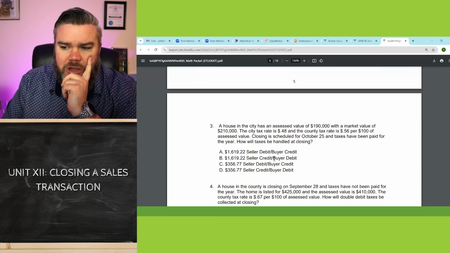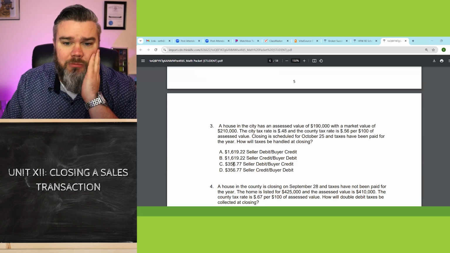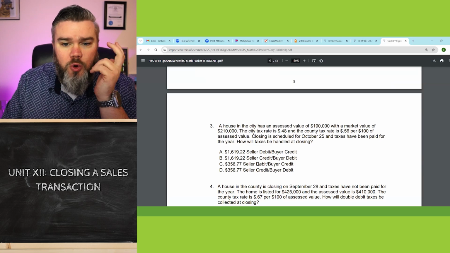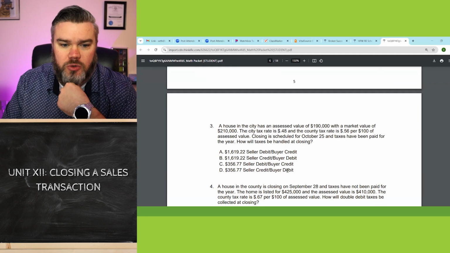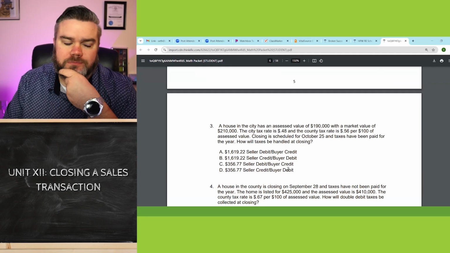They're always going to say credits, debits, and you will see that you've got the exact same number, so you could get the number right, but if you don't know who it's a debit to and who it's a credit to, you can get the question wrong. This is how these answer choices are kind of mapped out a little bit.